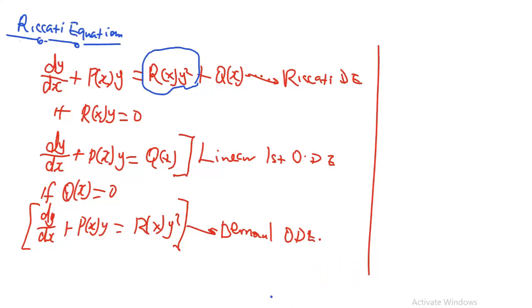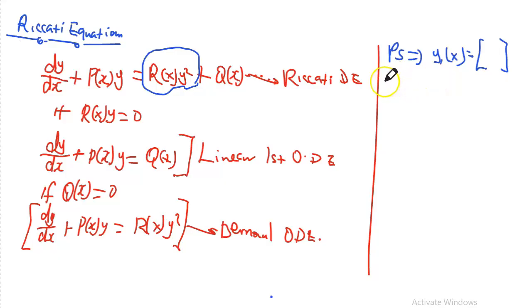So if you are given an initial condition, let's say y1(x), this is going to be equal to some value.